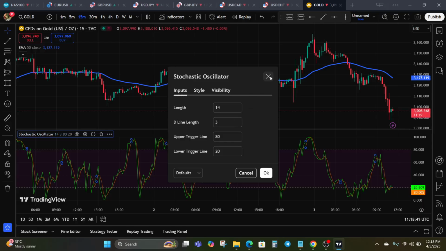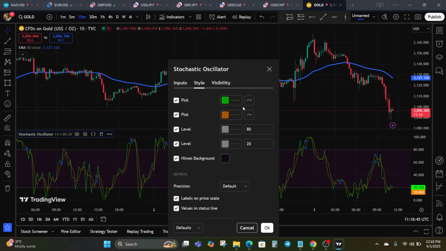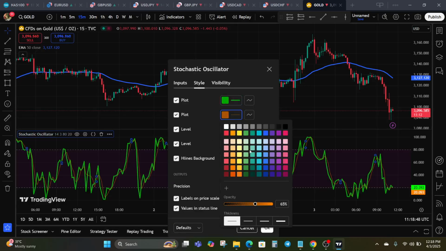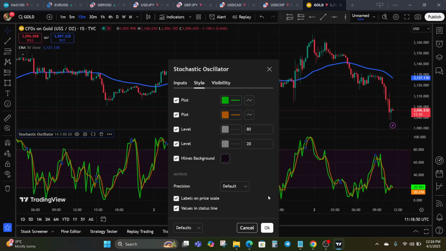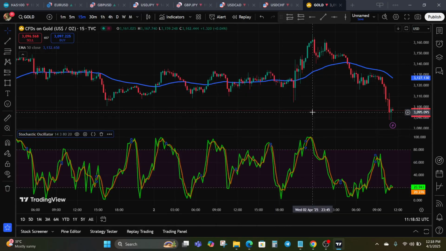This helps confirm overbought and oversold levels.